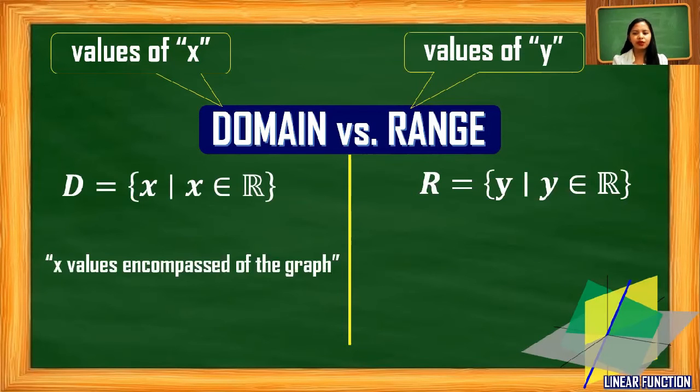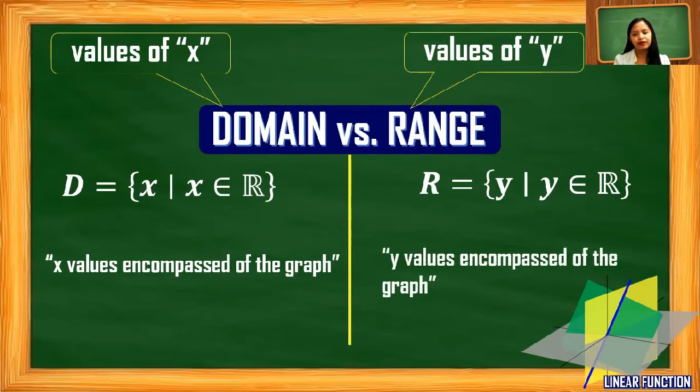When we talk about its graph, to check if the domain and the range are correct, the x values encompass the graph for the domain, and for the range, the y values encompass the graph. So let's verify that later once we proceed to the graph of a linear function.